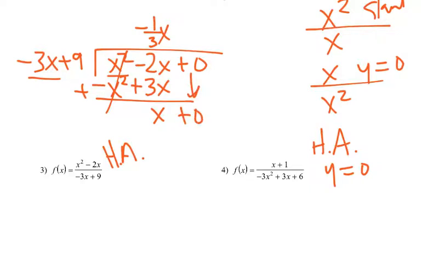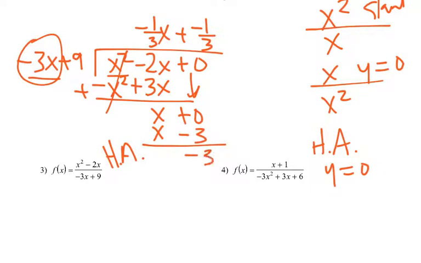So, these slant asymptotes, as you can see, are not very fun. So how can this become just an x? By multiplying it by a negative 1/3. So that would give us a positive x minus 3, and we'd have a remainder of negative 3, which would be plus negative 3 over negative 3x plus 9, which we could simplify to positive 1 over x minus 3.